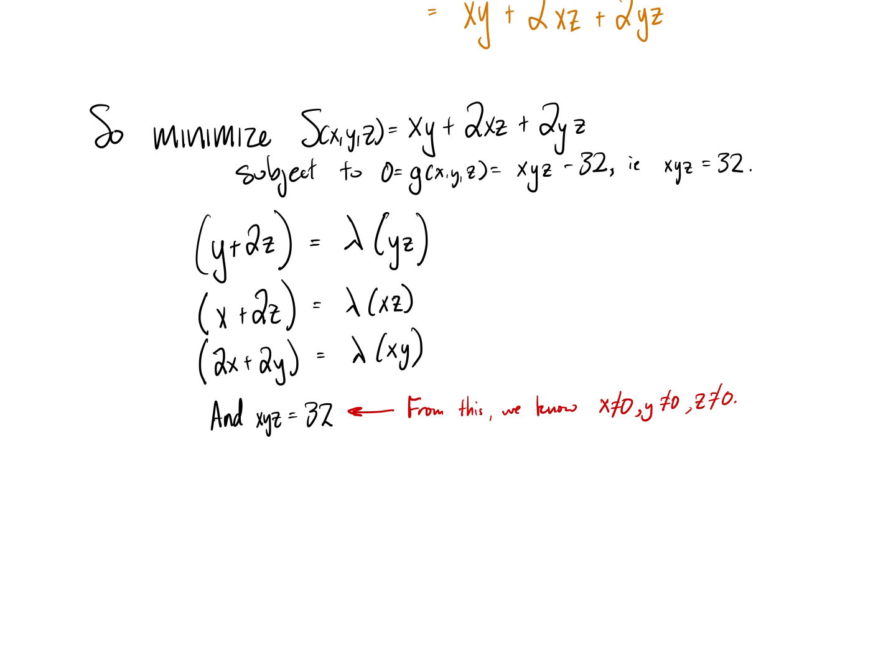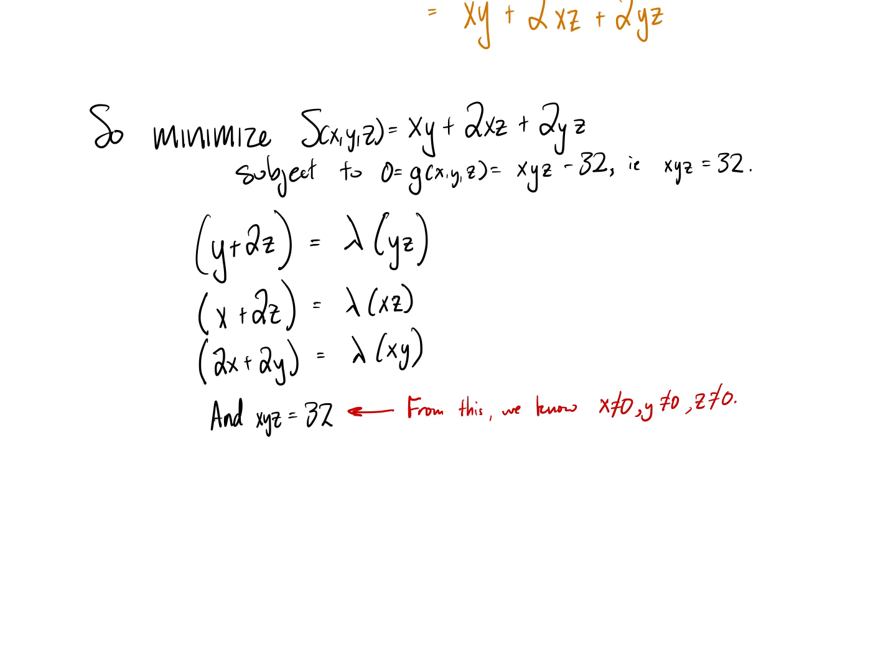We get X plus 2Z equals lambda times XZ. Now we do the same thing with the partial with respect to Z, and we get 2X plus 2Y equals lambda times XY. We also make sure we add the constraint, which is XYZ minus 32 equals 0, which we can also write as XYZ equals 32.